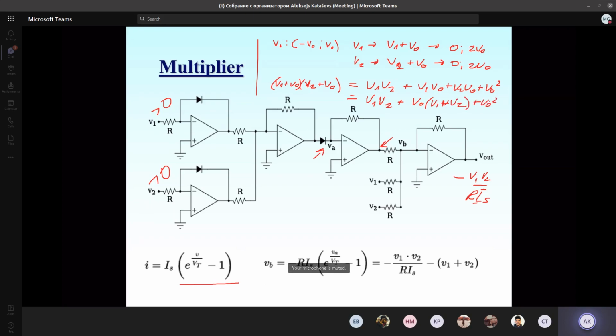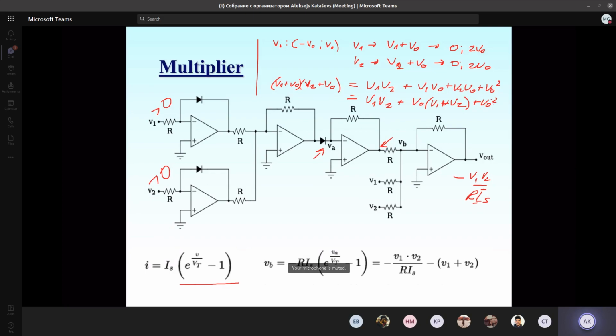So actually, what should we do? We should use first a summing amplifier to increase both V1 and V2 by V0. Then we multiply them both, and then we send the output to another summing amplifier, where we subtract V1 and V2, scaled to be multiplied by V0, and we subtract some constant voltage which numerically should be equal to V0 squared.